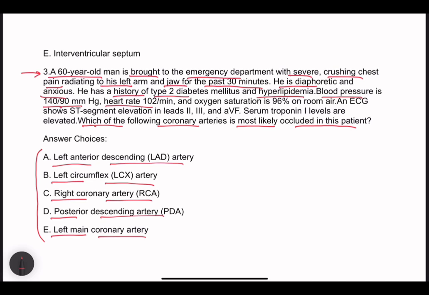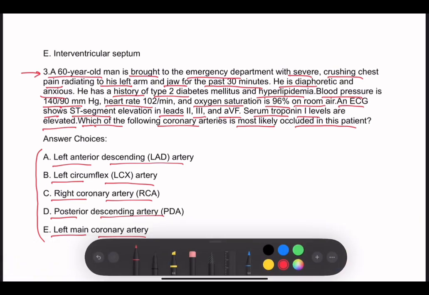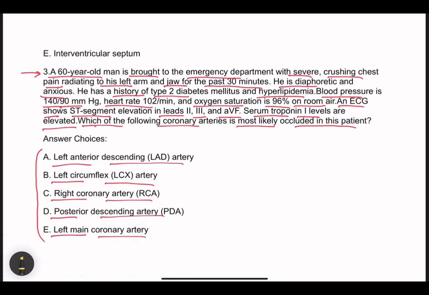Heart rate is 102 beats per minute and oxygen saturation is 96% on room air. An ECG shows ST segment elevation in leads 2, 3 and aVF, and serum troponin I levels are elevated. Now the key buzzwords are ST segment elevation in leads 2, 3 and aVF.